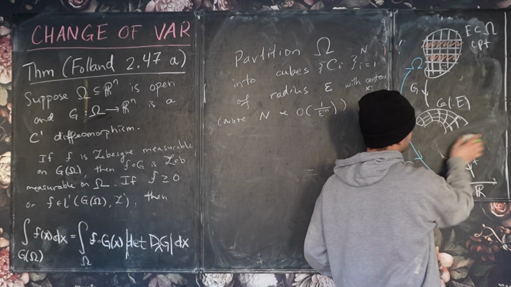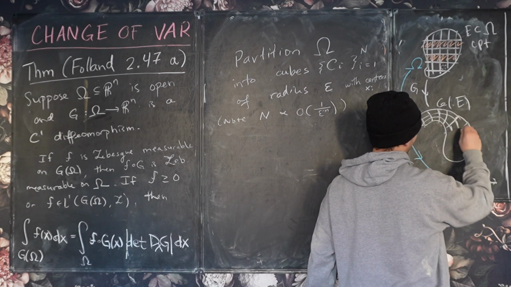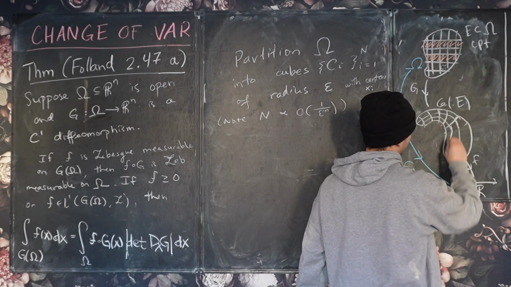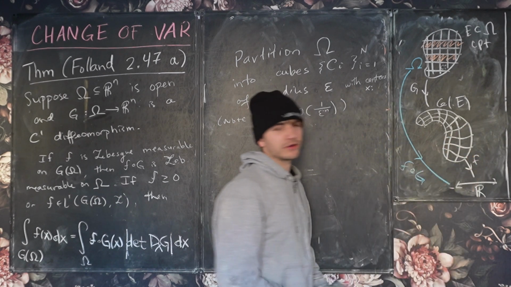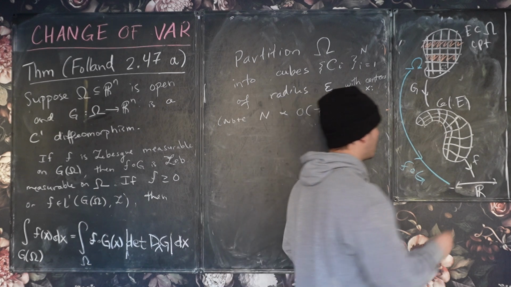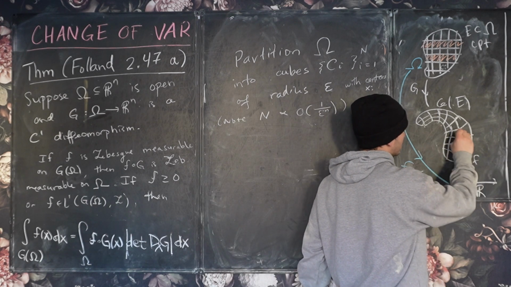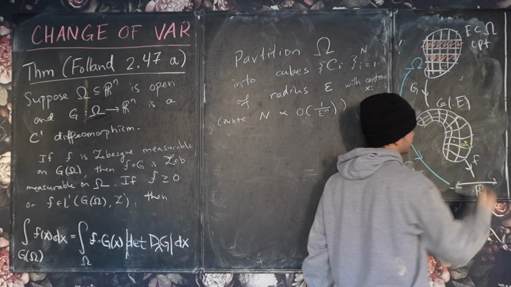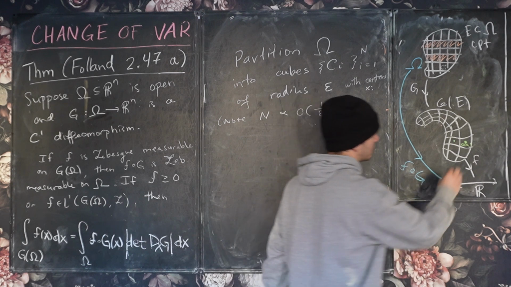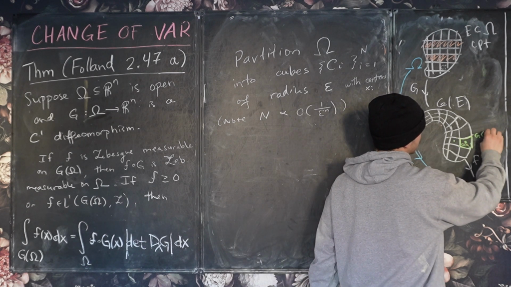Let me just be clear here that this partition is not a perfectly linear grid anymore. It can look kind of crazy. And now I have centers, let's say x_i here, or g of x_i.